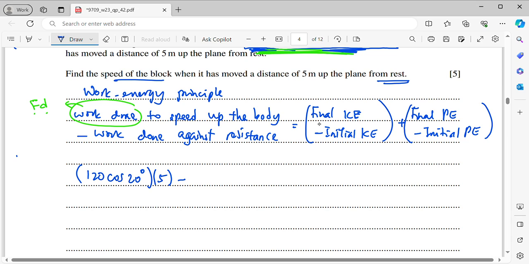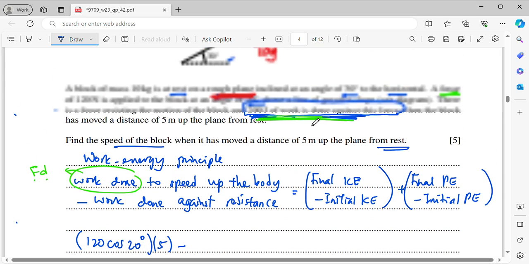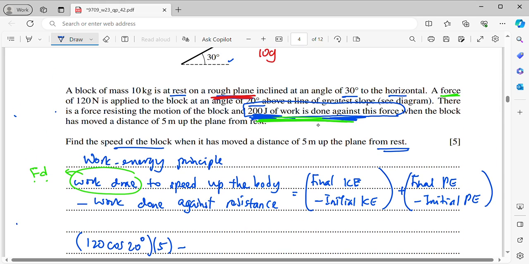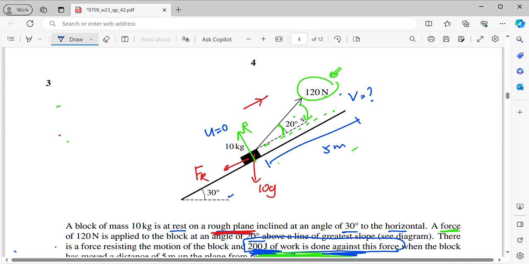Then minus the work done against resistance, given here, 200 joules. Then final KE. Final KE means that the block has traveled 5 meters. Now the v is unknown.